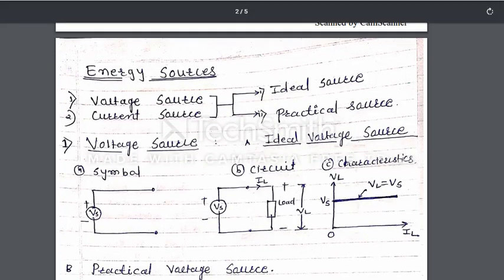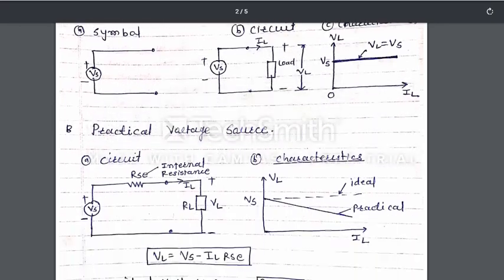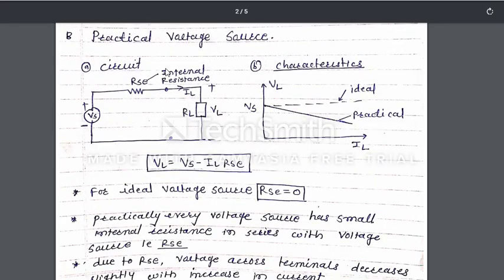Next is the practical voltage source. Okay, so here you can see this is the circuit of practical voltage source. Now practically every voltage source has a small internal resistance shown in series with the voltage source and it is represented by RSE. Okay, you can see कोई भी प्रैक्टिकल वोल्टेज सोर्स है उसके साथ क्या होता है, एक इंटरनल रेजिस्टेंस सीरीज में कनेक्टेड होता है, उसको हम रिप्रेजेंट करते हैं RSE से.